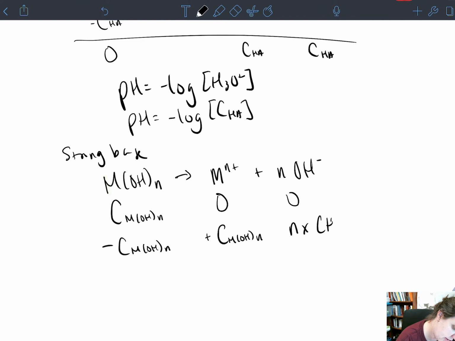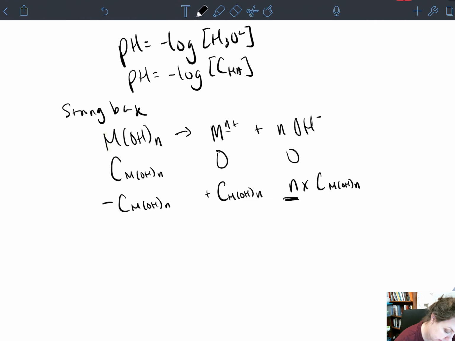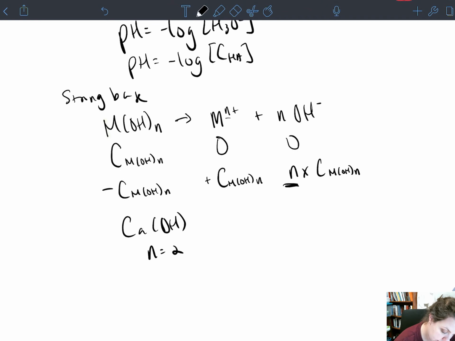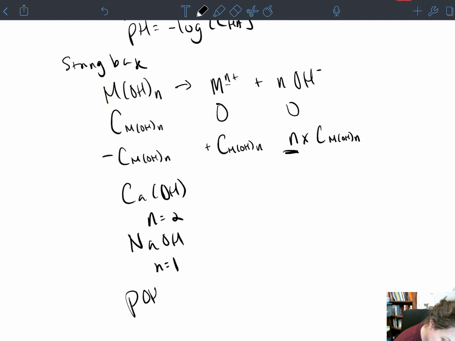But here we have to take into account stoichiometry because we can have multiple hydroxides. So we'll just multiply by our n value, which is equal to the charge on our cation. In the case of calcium hydroxide, our n is 2. Sodium hydroxide, our n is 1. Okay, so we can very easily solve for our pOH by taking the negative log of n times the initial concentration of our metal hydroxide.